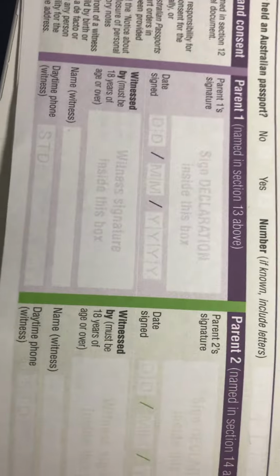You give the name of the witness and their contact number, because the passport office is going to contact them to check that everything is okay and that they saw you sign. And on this one, the guarantor also shouldn't be your relative and shouldn't be living at the same address.